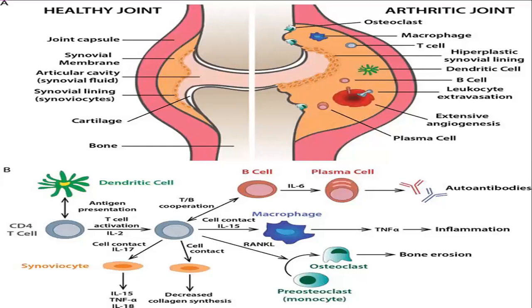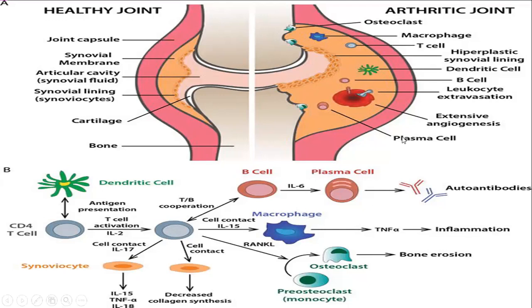Now, to discuss briefly the pathophysiology. Okay? The earliest lesions in rheumatoid joints show an increase in the number of cells lining the synovium, and infiltration of mononuclear cells, mostly CD4 T lymphocytes.